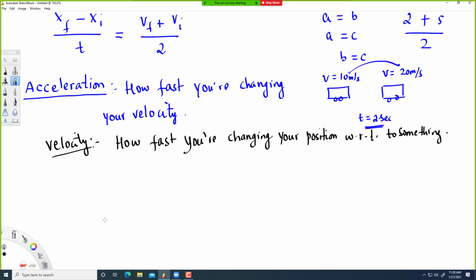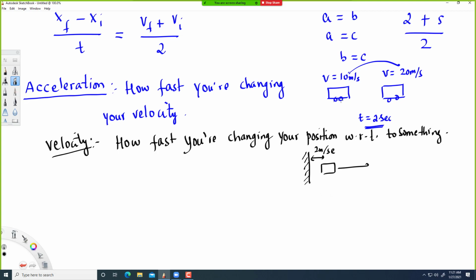If you want to think about an example of velocity, you're moving away from some wall or something, and you move 2 meters every second. Every second you move away at the rate of 2 meters. That's the velocity.